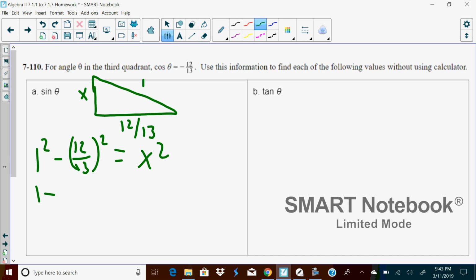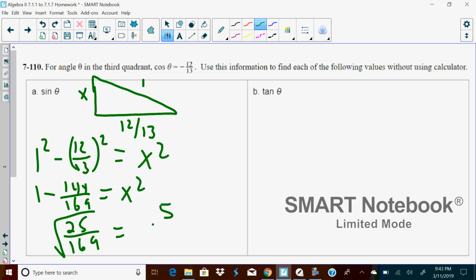So I get 1 minus 144 over 169. So it ends up being 25 over 169. So the square root of that equals 5 over 13. So sine of theta is 5 over 13, and it's in the third quadrant, so it would be negative 5 over 13.